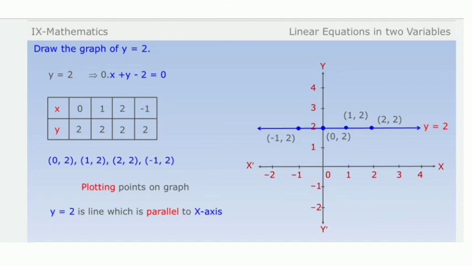So minus 1 on the x-axis, 2 on the y-axis. So here is the intersection point. Then join all these 4 points, you will get a straight line. It is parallel to the x-axis. So y equal to 2 is a line which is parallel to the x-axis.